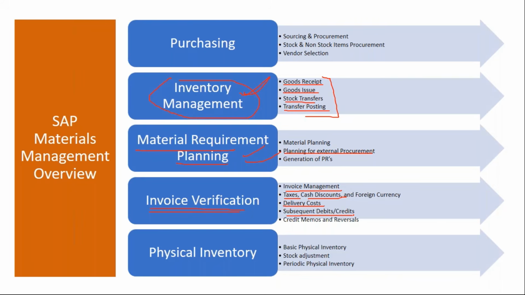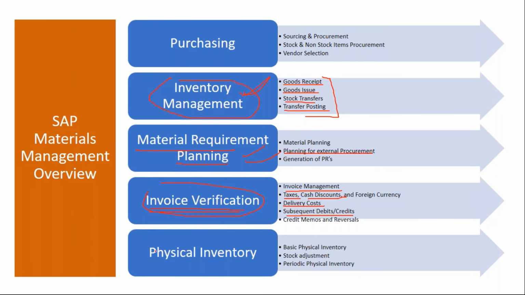Sometimes the vendor sends an invoice for less amount, then he will send one more invoice, or sometimes he sends an invoice for excess amount. Then we need to ask him for a refund. All those kinds of things are managed in invoice verification.